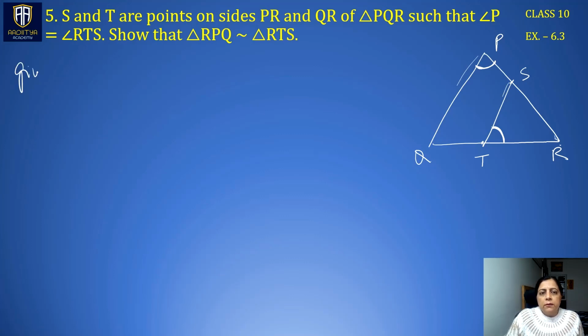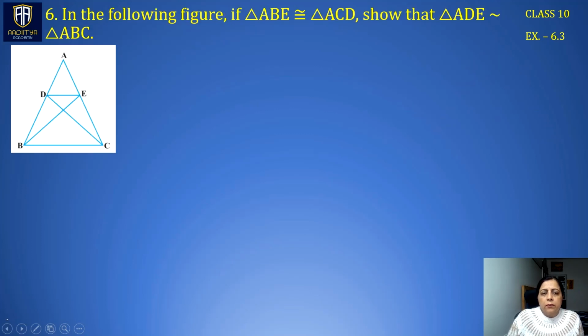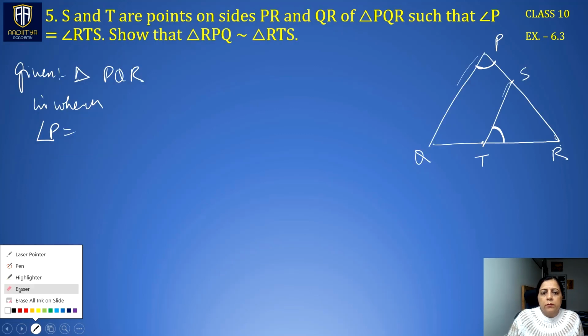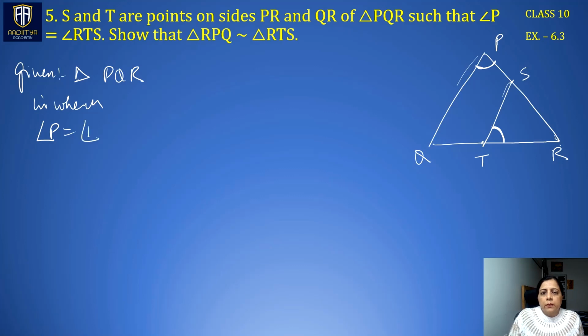So given thing is triangle PQR, in which we can say that angle P is equal to angle RTS, angle RTS, right?